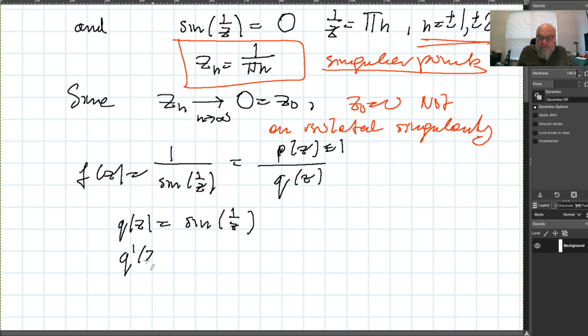Q prime of z will be equal to minus 1 over z squared times cosine of 1 over z.